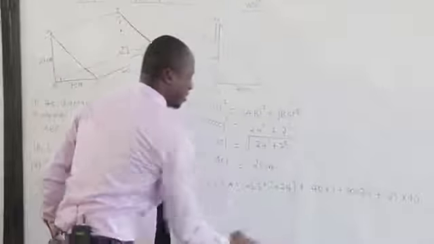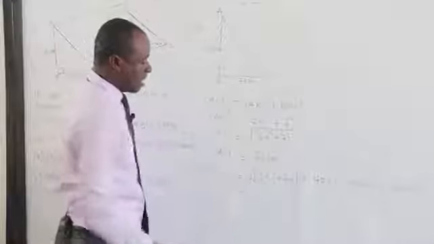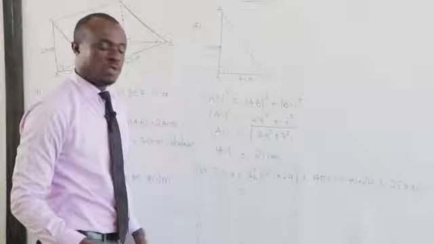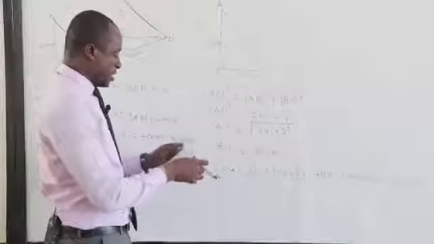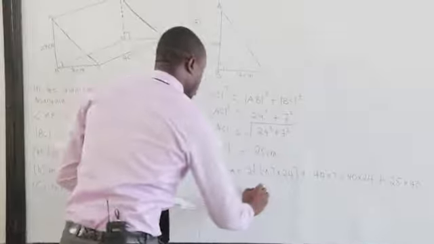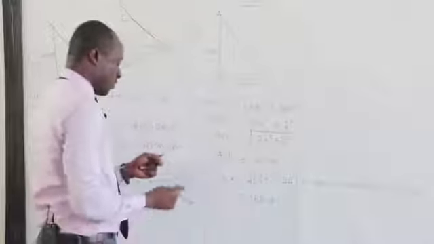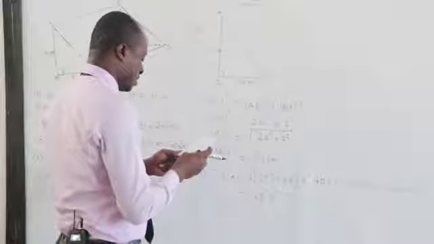Now, clearly, the 2 will cancel out the half. So what do you have? 7 times 24. And when we use the calculator, 7 times 24 will give us 168. Now, what is 40 times 7?